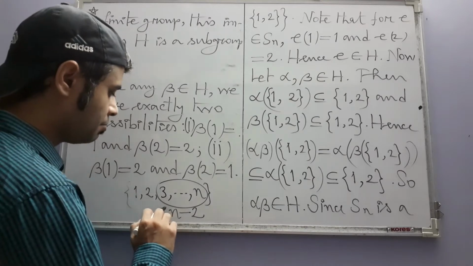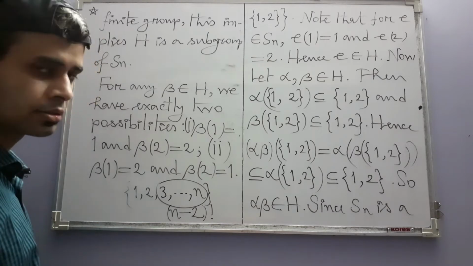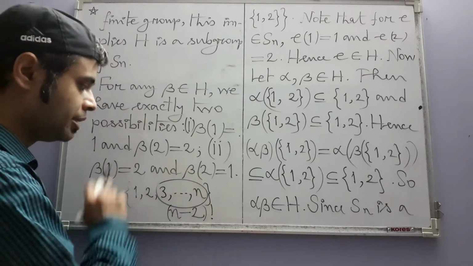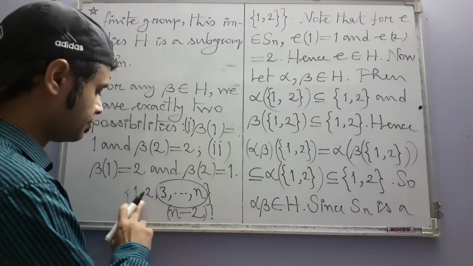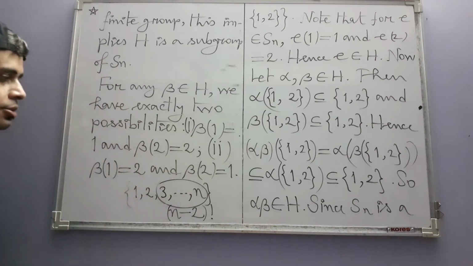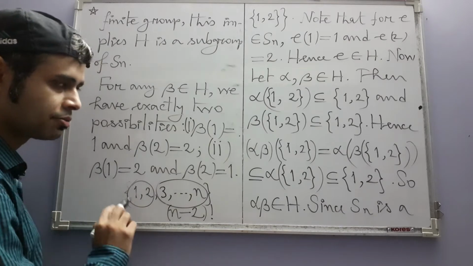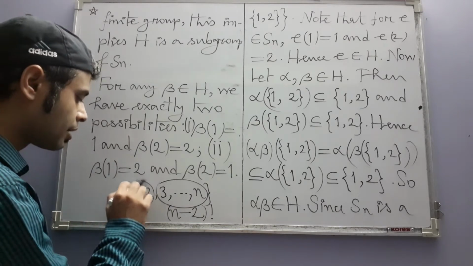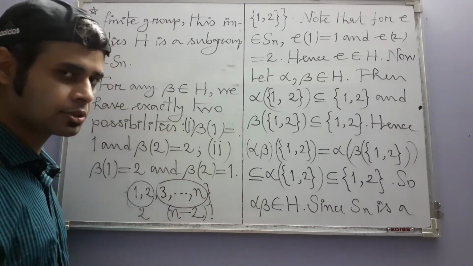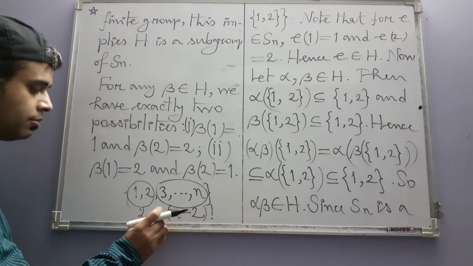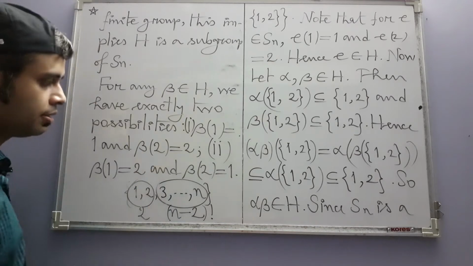So they can be permuted among themselves in (n minus 2) factorial ways, giving us that many betas. But at the same time, independent of those things, these two possibilities are also there. So on this part of the set of symbols on which the permutations are acting there are two possibilities, and on this part there are (n minus 2) factorial possibilities. So you have to take the product of these two things. That will give you the total number of elements in H.